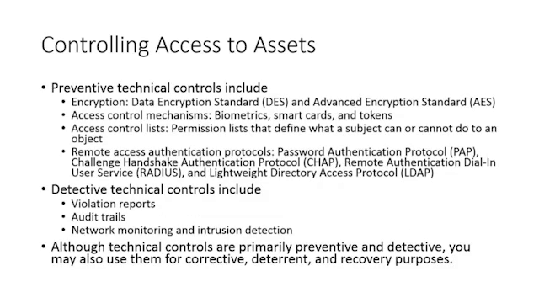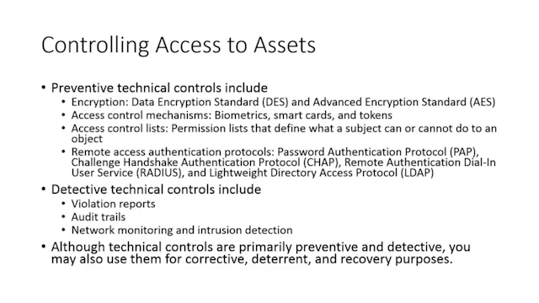So preventative technical controls, all right? There's some technical controls we need to be aware of when it comes to prevention. Encryption. I think I've been talking about this throughout this whole video series. We want to use encryption like DES, triple DES, AES, the Advanced Encryption Standard, right?